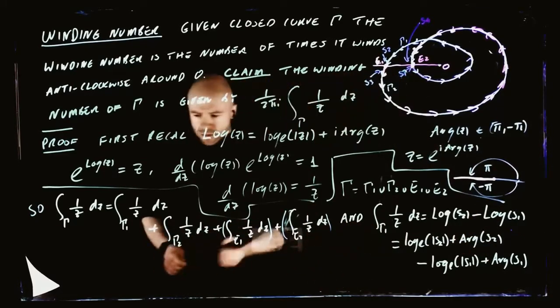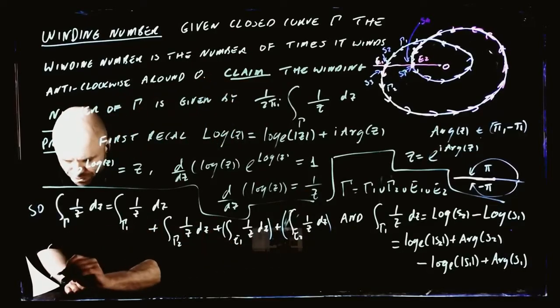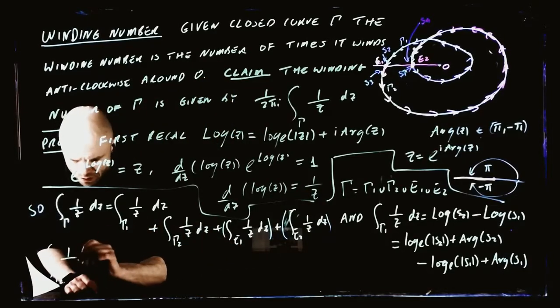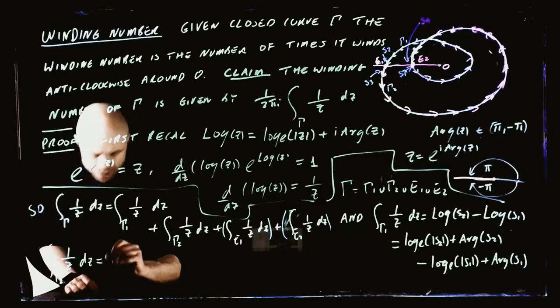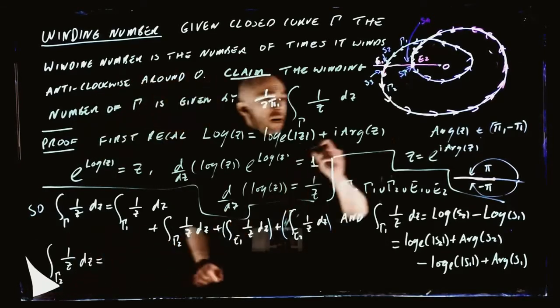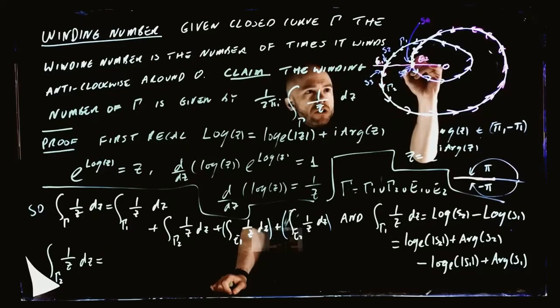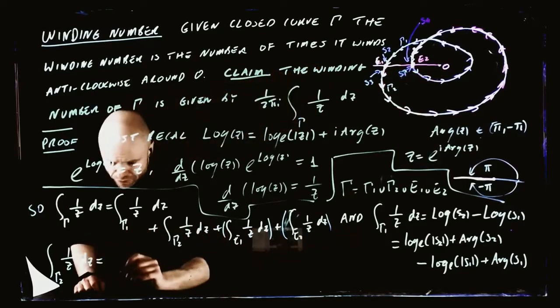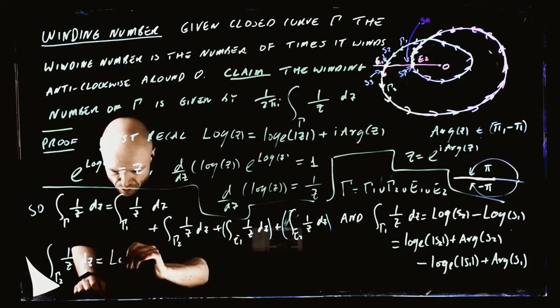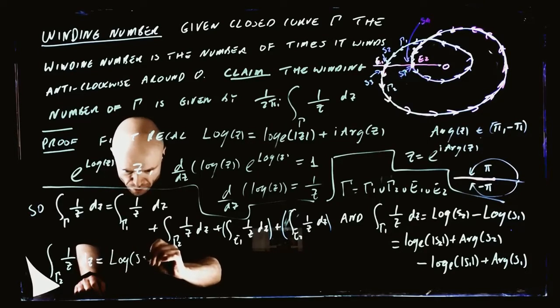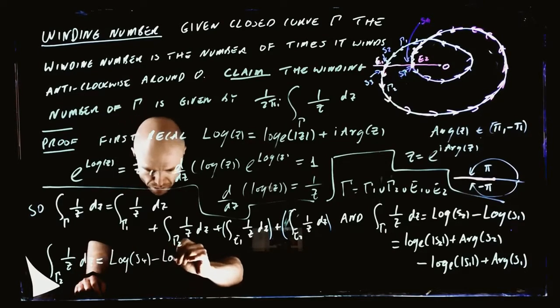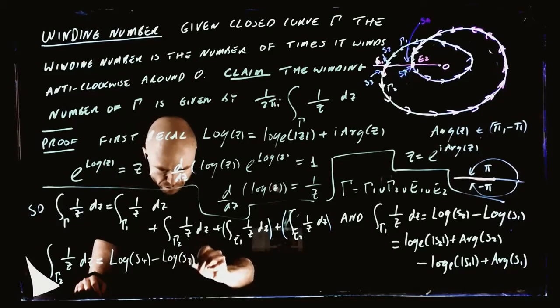Cool. And for the integral over gamma 2 of 1 over z dz, I have the same kind of thing. I start at S3 and I end at S4. So this thing is complex log of S4 minus complex log of S3.